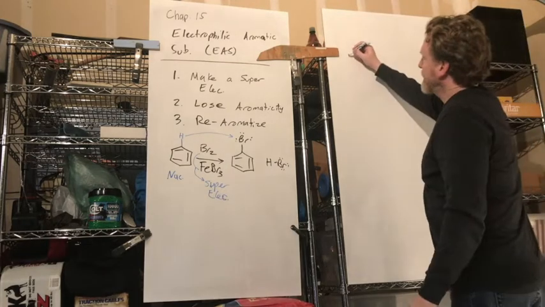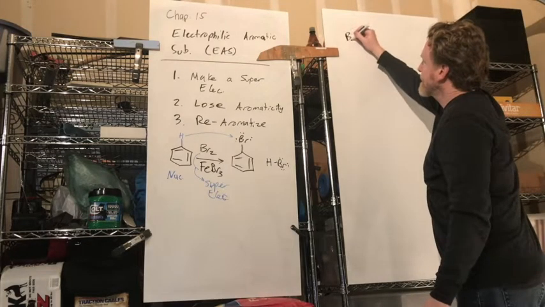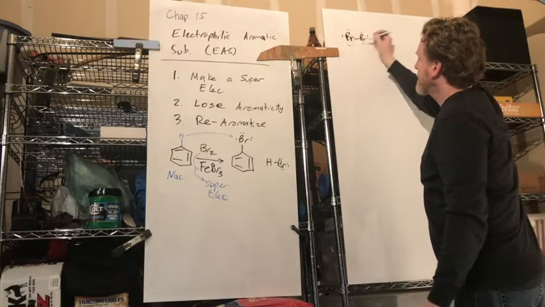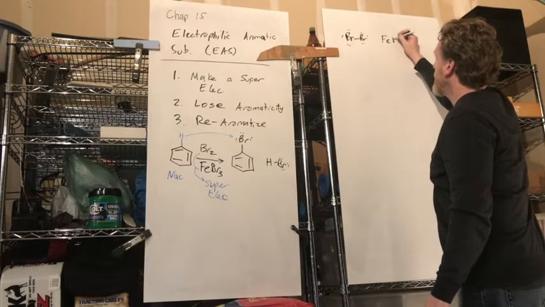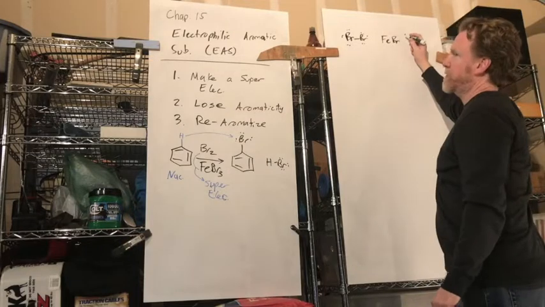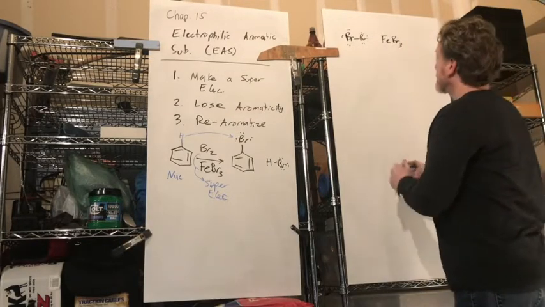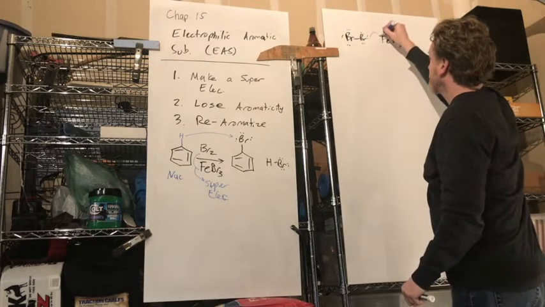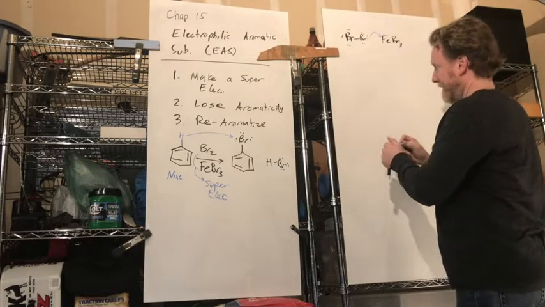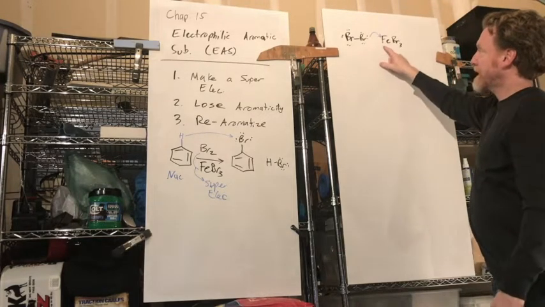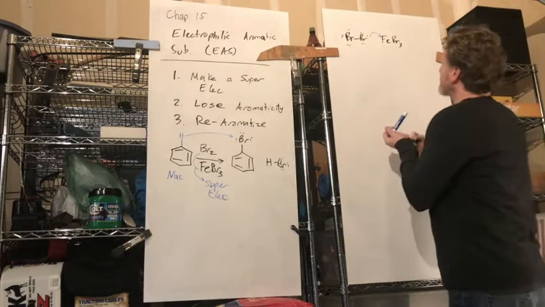First off, the bromine coordinates with the iron 3 bromide, or ferric bromide. I just show it simply like this. It's a classic Lewis base, Lewis acid, just one arrow.